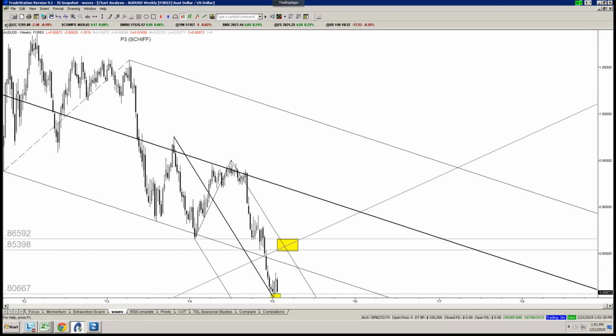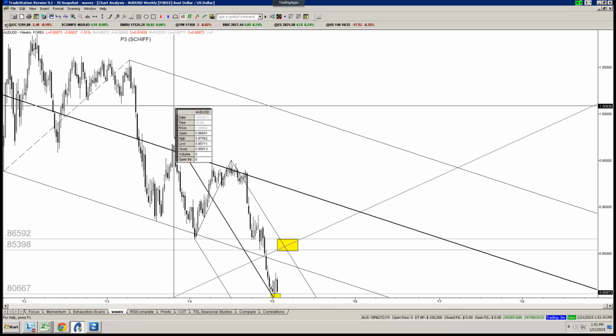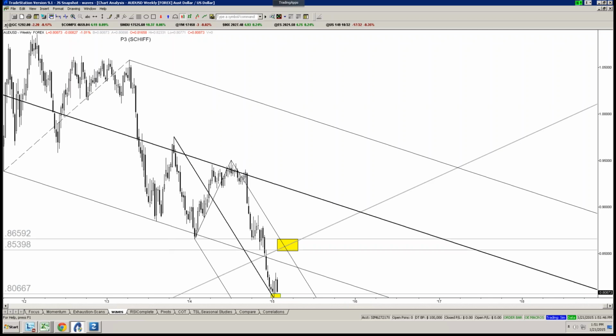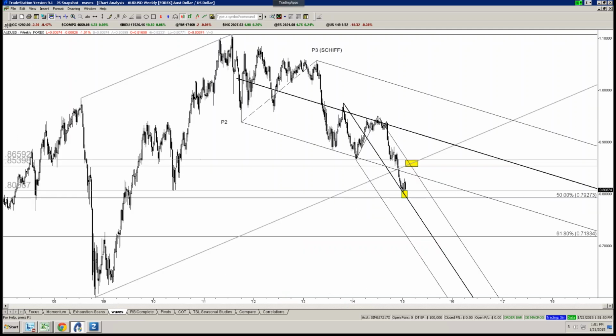The DAX. Yeah, I actually don't have the DAX on this platform, so I cannot look at the DAX. What we'll look at is the S&P 500.